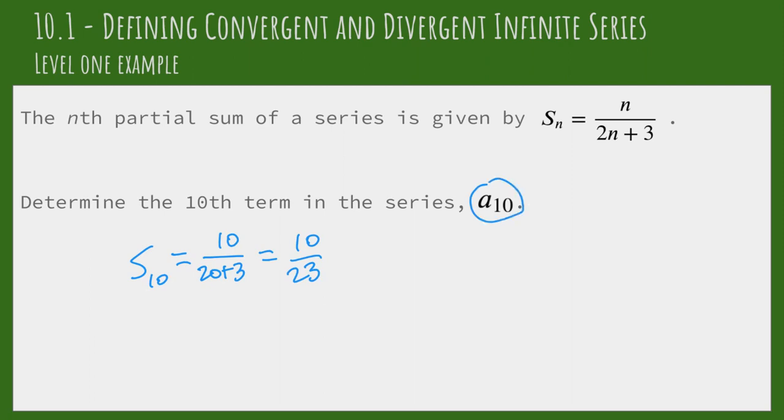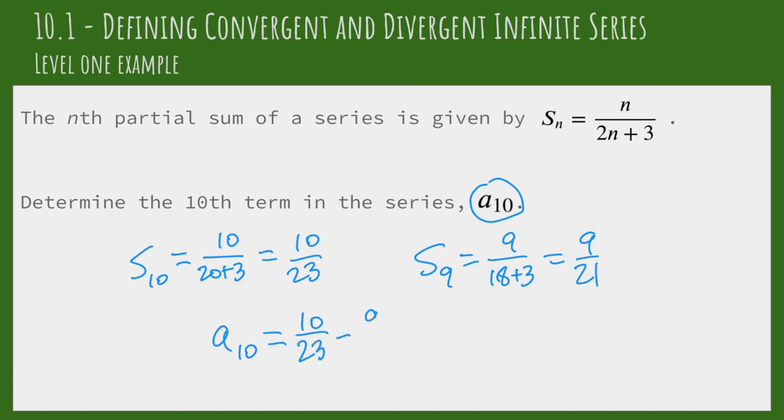So if I want to know what the 10th term is, I know the sum of the first 10 terms. What I want to do is take out the first 9 terms. So if I can figure out what S sub 9 is, that's the sum of the first 9 terms, and that's going to be given by this. And so to find the 10th term, we just subtract those. So we take the sum of the first 10 terms minus the sum of the first 9 terms.